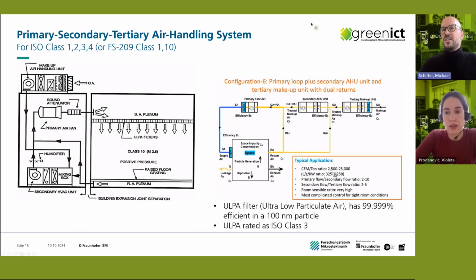And there you can see that even there, the CFM per ton ratio is really skyrocketing. So you have to carefully decide when you build a clean room what your needs are, because you will not build a clean room only with class 1 and 10, because it's so expensive, and also the energy consumption is quite high.